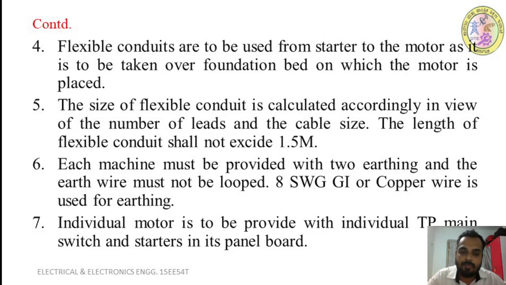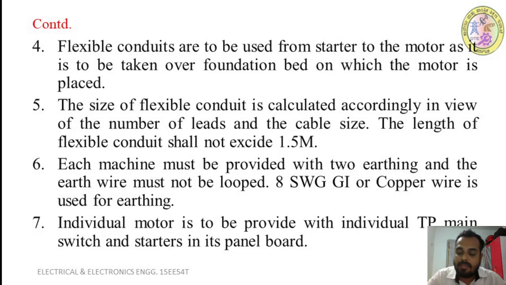So next code of practice, the size of flexible conduit is calculated accordingly in view of the number of leads and size and the cable size. The length of flexible conduit shall not exceed 1.5 meter.